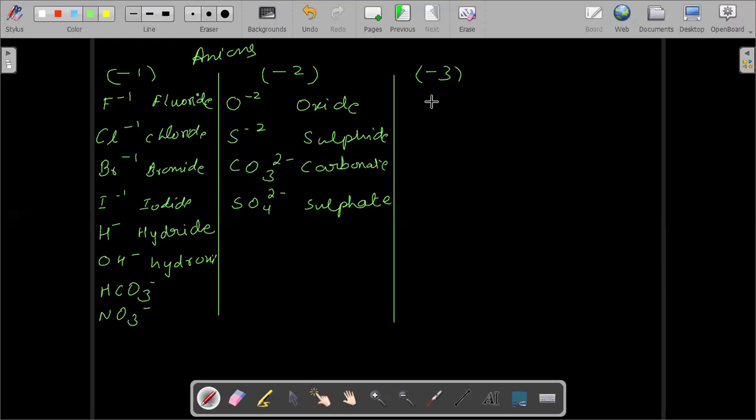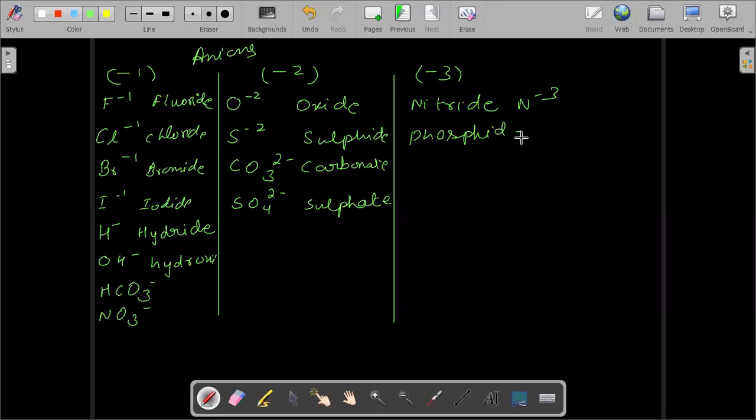Then for the ones having the charge as -3, they are trivalent. So for the trivalents, you have nitride, which has the valency of N-3, phosphide, which has P-3.